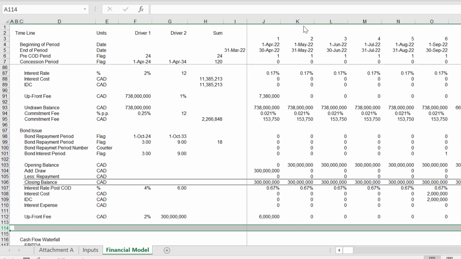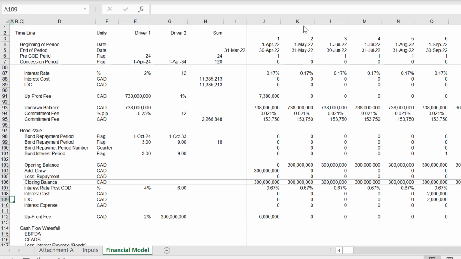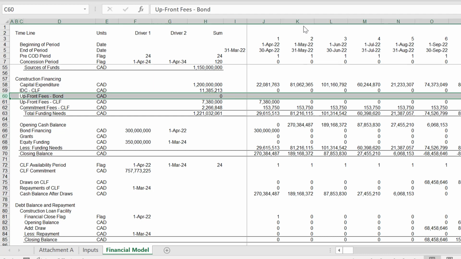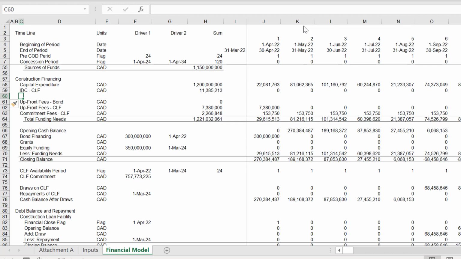Okay, so what we could do now is let's put all the rest of our IDC in. Maybe I'm going to put IDC for the CLF. What did we call it? CLF. Okay, and then we'll put the IDC for the bond.